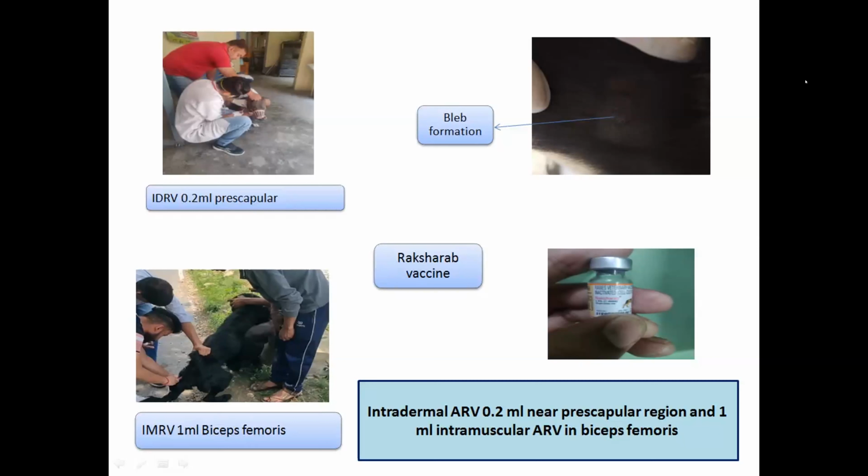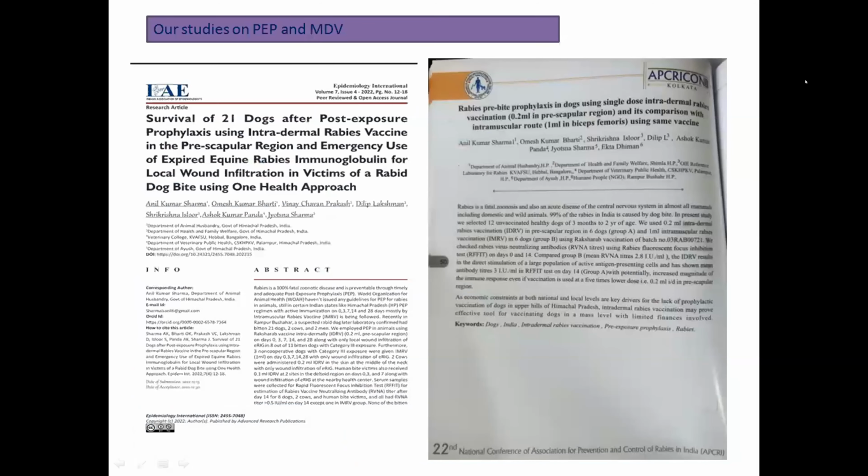By doing rabies virus neutralization titers, RFFIT titers, it astonished our knowledge that it was showing high titers by the intradermal route.